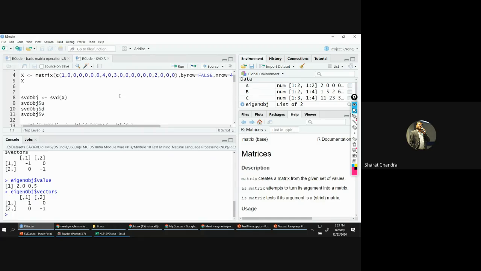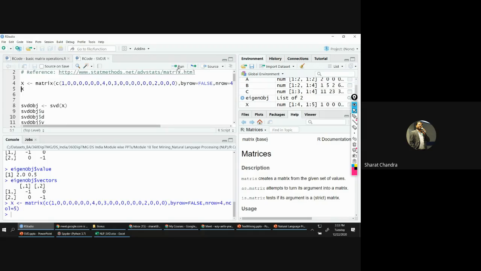So SVD is a technique which is applied on a matrix to reduce the dimension by doing approximation. So we are basically doing approximation with SVD. Let's define this matrix.